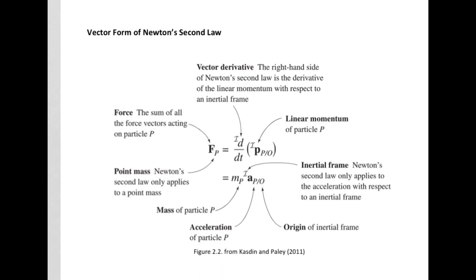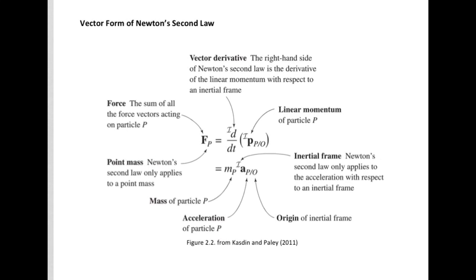I want to leave you with one excellent figure from the book, and this is of the vector form of Newton's second law. Whenever you're stumbling around with this reference frame notation, when you're looking at what's a vector, what's not a vector, where do I need to put my reference frames, I think that this formulation is just invaluable.